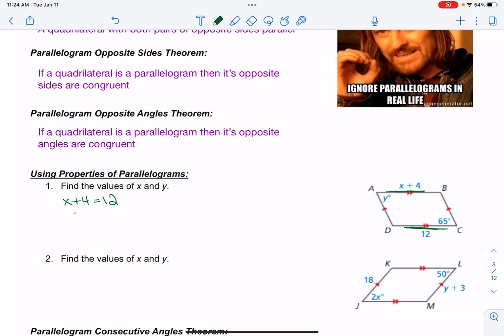So then to solve for x, we just have to subtract 4 from both sides. And we get that x equals 8. Also from our theorems, we know that opposite angles are congruent. So that means that angle A and angle C have the same measure. So in this case, there wasn't really anything extra we had to do. We just know that y equals 65.